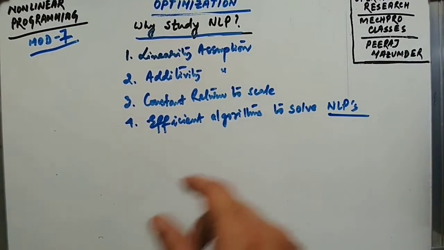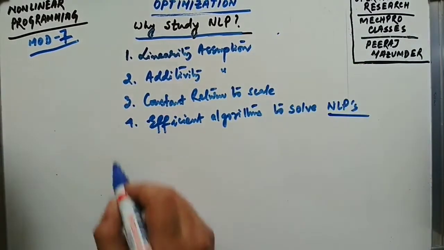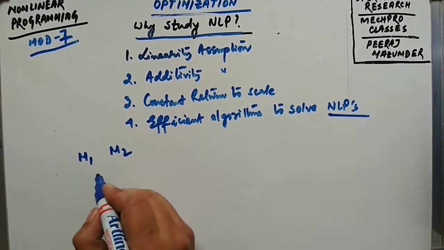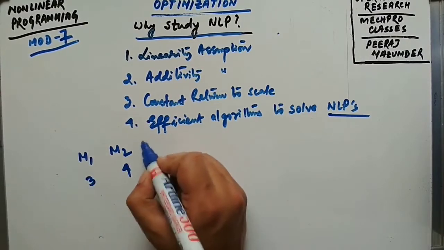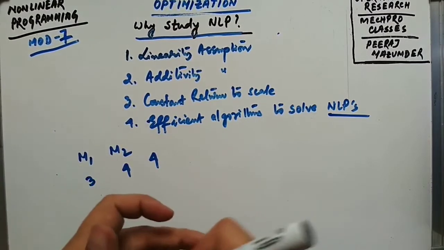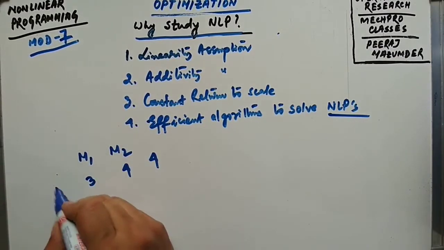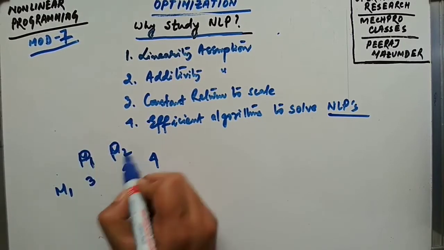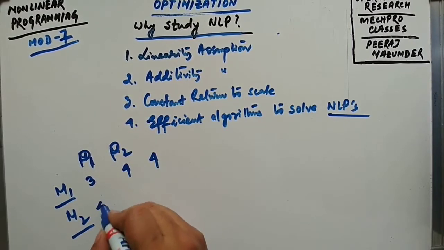We generally used to have, say, M1 machine and M2 machine, and say we are having products P1 and P2, and their availabilities are 4 and 8, say. Say this is 4 and this is 3.